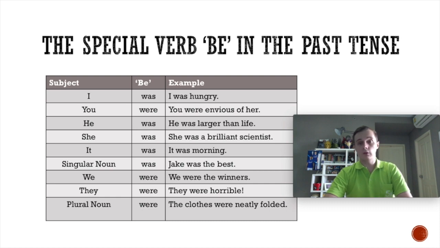We also use was for a singular noun, one person, place, or thing. So Jake was the best. We use were with the pronouns we and they. We were the winners, they were horrible. We also use were with plural nouns, so more than one person, place, or thing. So the clothes were neatly folded.